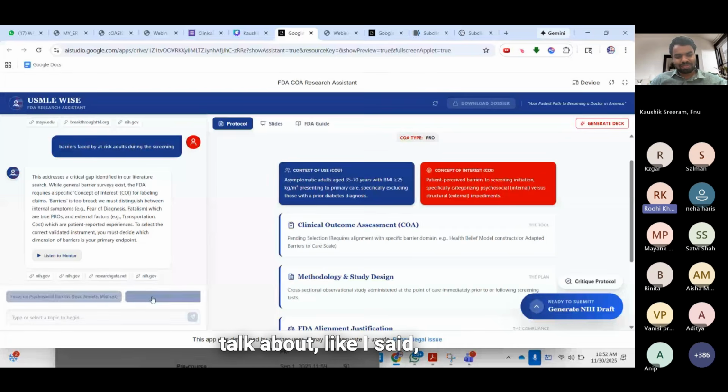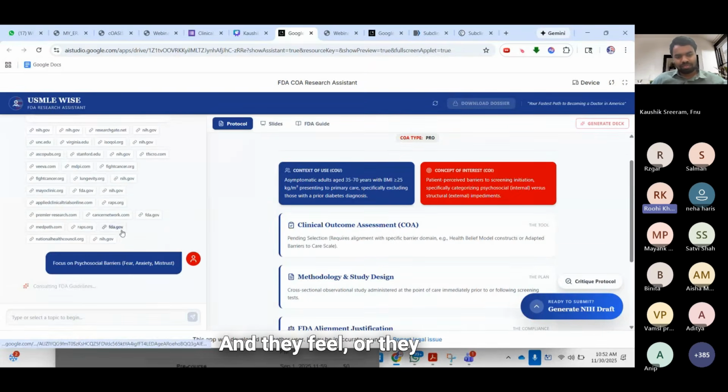Perhaps maybe we can talk about, like I said, patients have a certain fear of being diagnosed or misdiagnosed. For example, a patient who has a history of hypothyroidism goes to a doctor and they fear that they are at risk of diabetes, but they do not have the, can we say, courage or the confidence to approach the doctor and say, hey, I feel like I am at risk for diabetes.